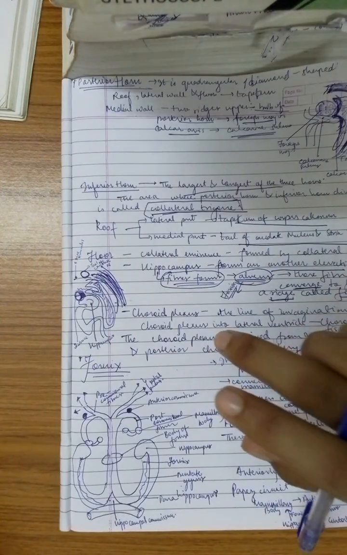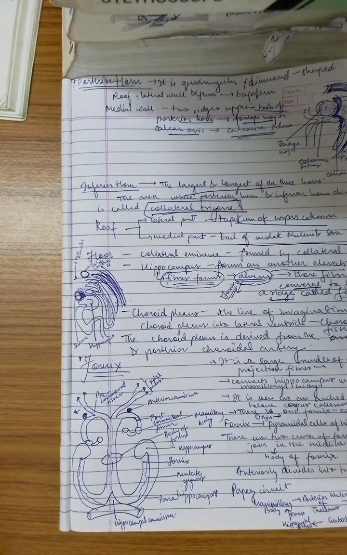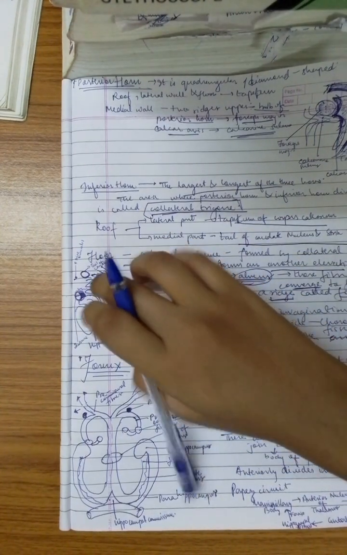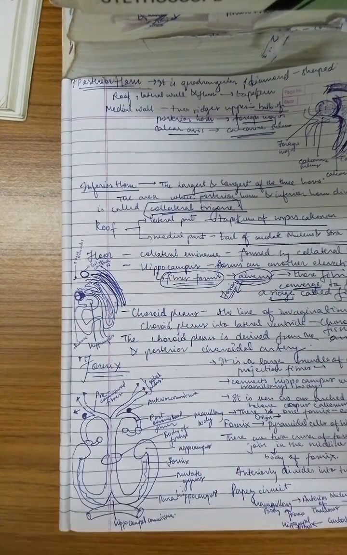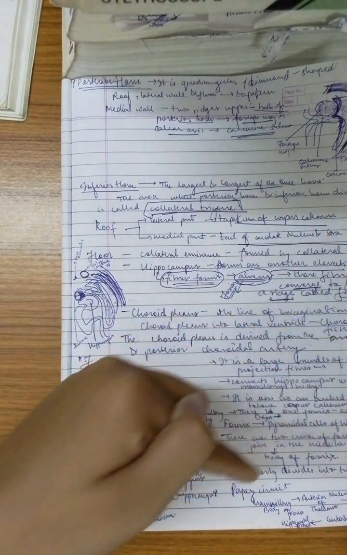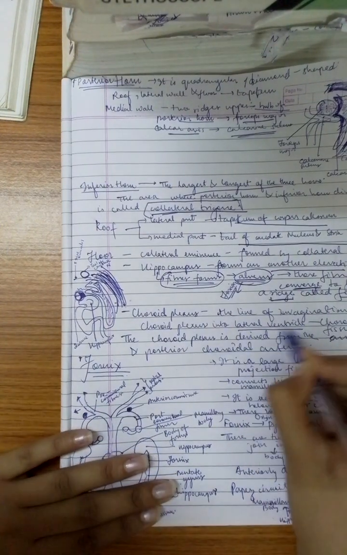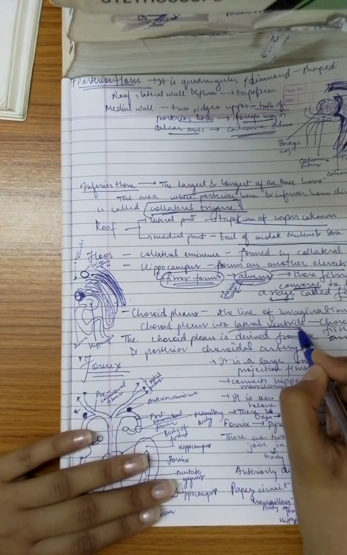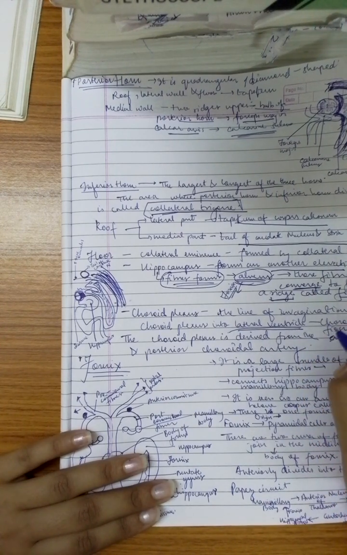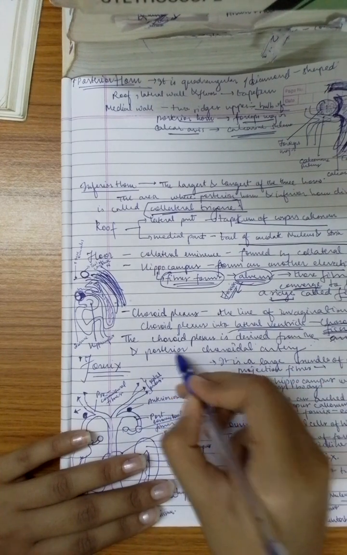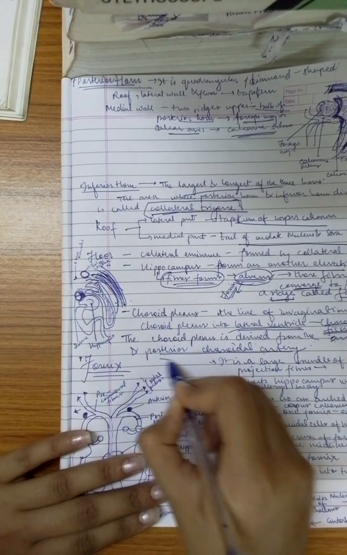Okay, now we are going to talk about the choroid plexus of the lateral ventricle. As you can see in the inferior horn, the choroid plexus is invaginating into the inferior horn of the lateral ventricle and forming the choroid fissure. The choroid plexus is derived from the anterior and posterior choroidal arteries.